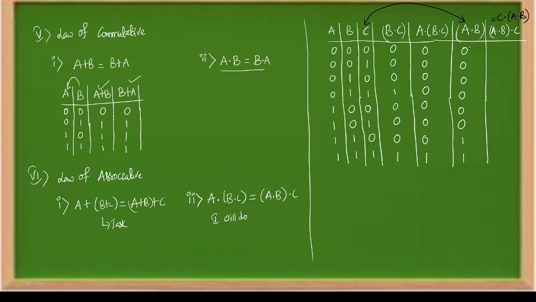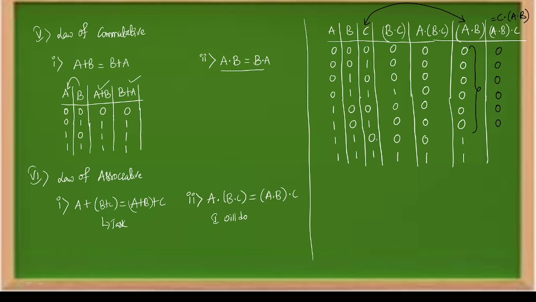If you observe the first six entries, one, two, three, four, five, six, the first six entries have inputs of zero. When any one of the inputs is zero, the output is zero. That's why you will get all outputs as zero for the first six.